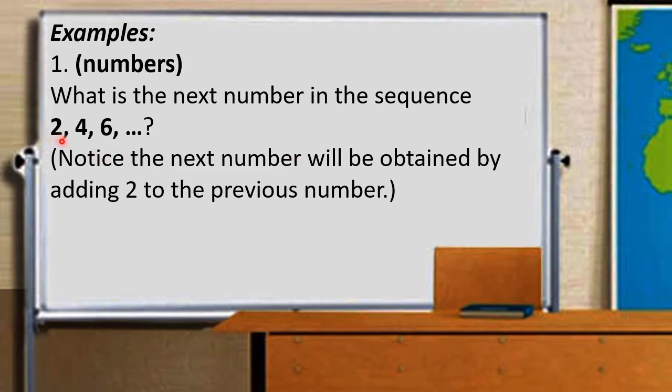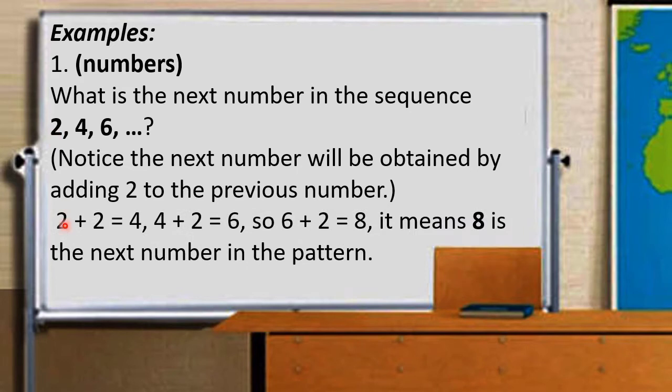So, halimbawa, itong una nating number ay 2, and then para makuha natin yung kasunod, mag-a-add tayo lagi ng 2 dun sa number na nasa unahan niya. Okay, let's do it. 2 plus 2 equals 4. Next, para makuha natin si 6, mag-a-add ulit tayo ng 2 kay 4.